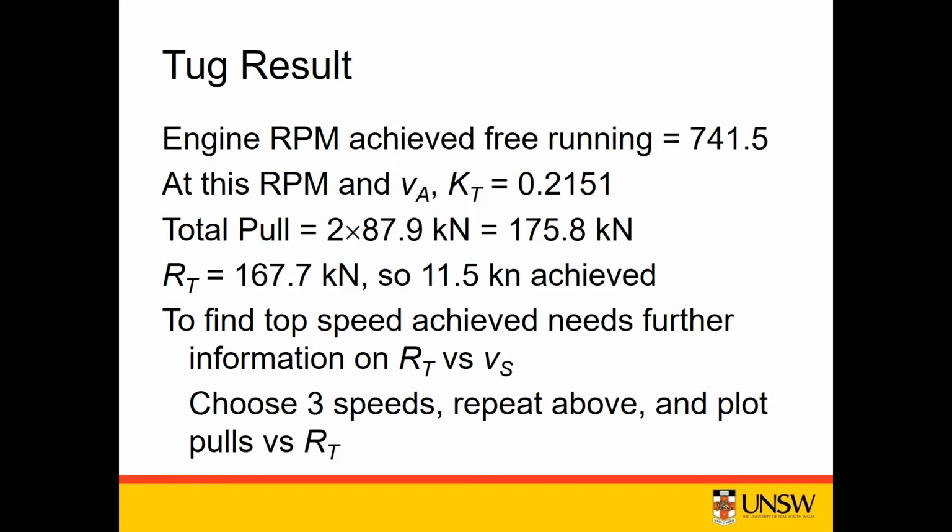And you would go through that whole process again, and then you would plot the pulls versus the resistance versus speed curve, and where they intersect, that would actually give you the final speed achieved. But because you only need to guarantee a speed of 11.5 knots, and we have our total pull available greater than the resistance we know for the vessel, we can say, okay, well, it's going to happily reach it.